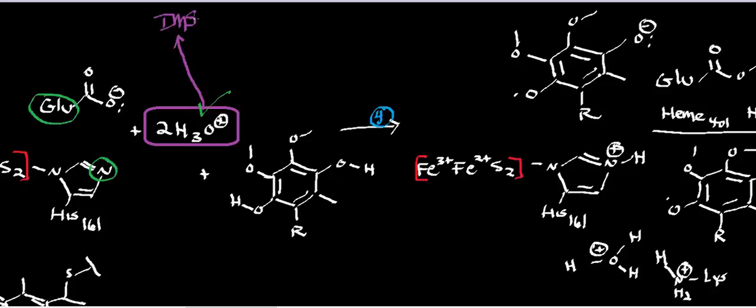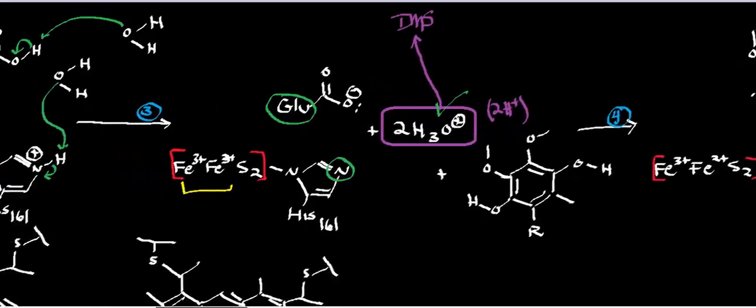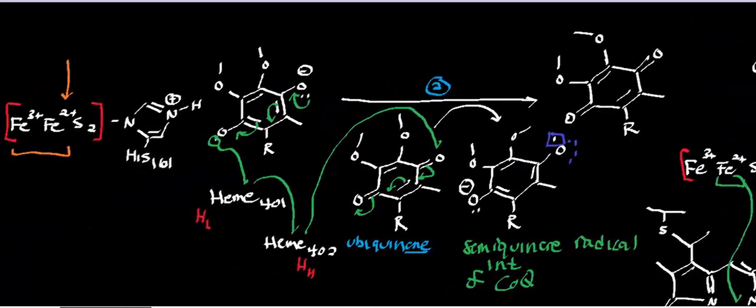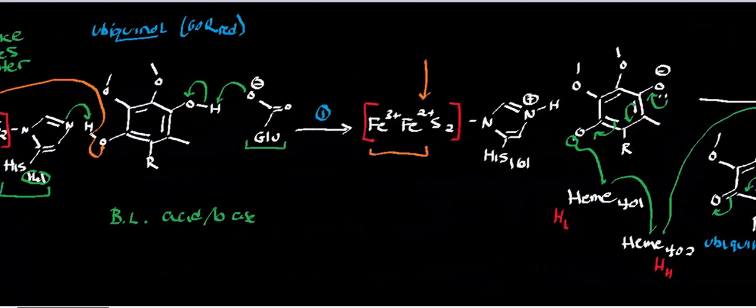Now, one thing I just want to have you bear in mind is, you could effectively think of 2 hydroniums as 2 H+, although they exist in the hydrated form as H3O+. I want to think a little bit about where those protons ultimately came from. And the answer to that question lies in the fact that they both initially came from ubiquinol.